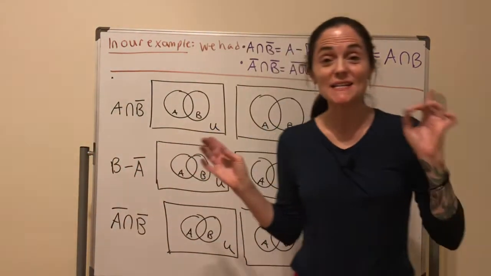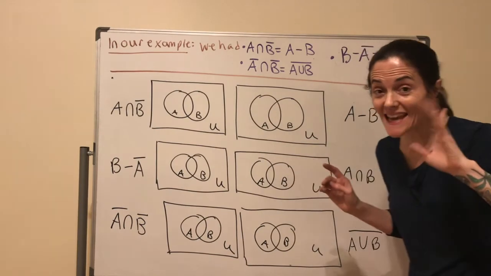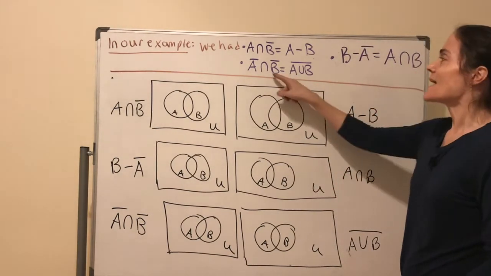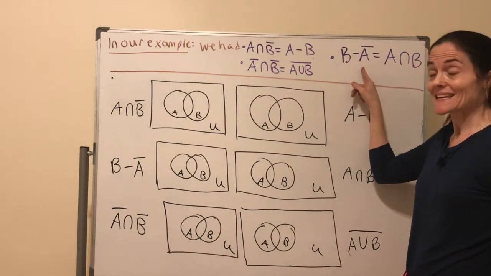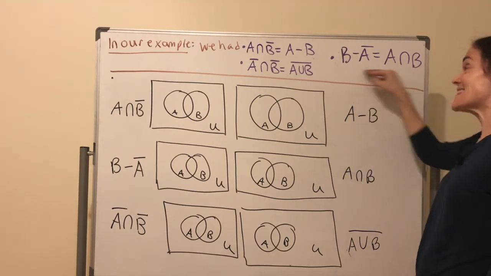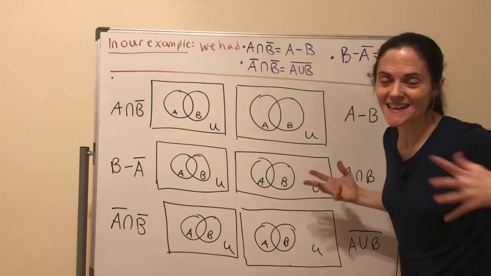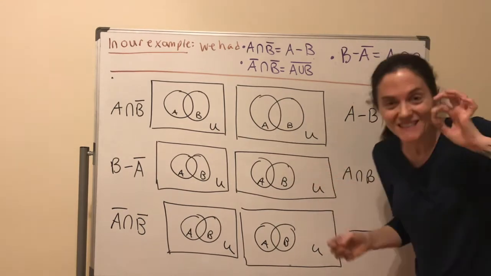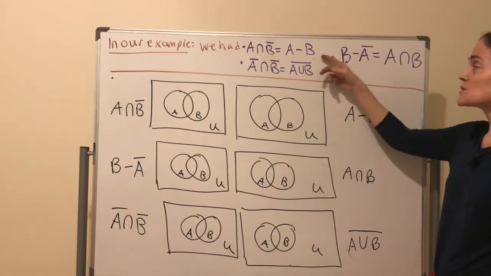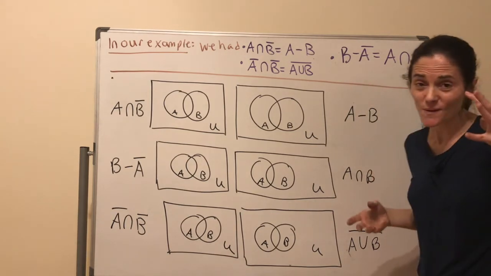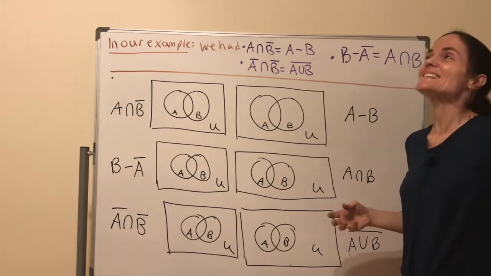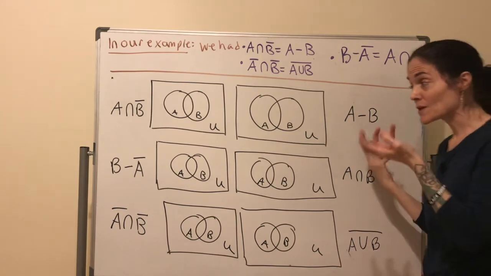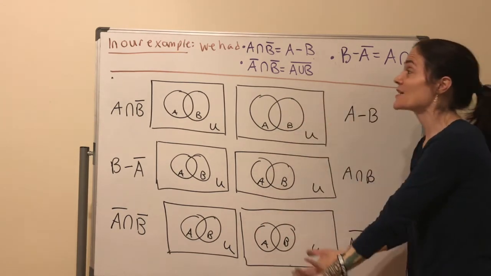Now I am ready to begin, but let me point out a mistake that I had on the board. I had this equation written a second time here instead of this one, which was the third one that we saw in our example. So what we are doing now is, for each one of these, I will just say it holds in general. We witnessed it in our example, but I will draw Venn diagrams.